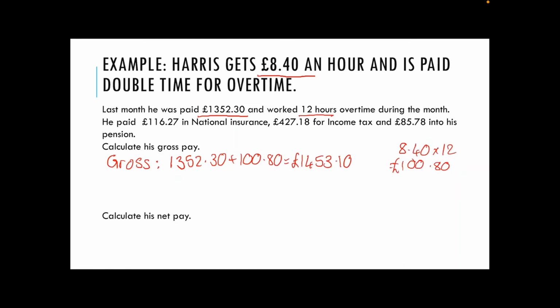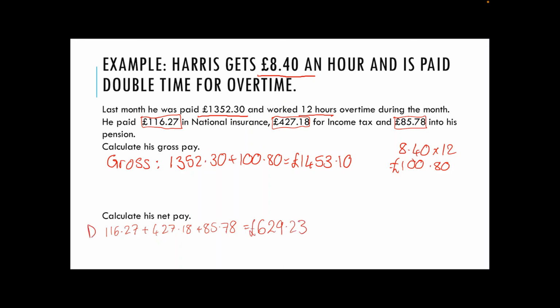Now to calculate his net pay, we need to add up all of the deductions first. So his national insurance, his income tax and his pension. So 116.27 plus 427.18 plus 85.78, and that gives us £629.23.